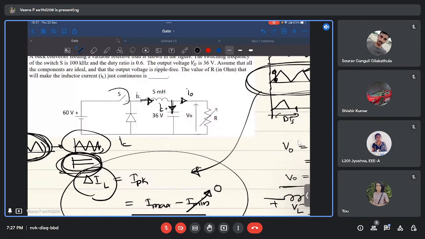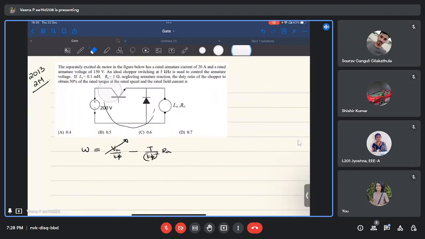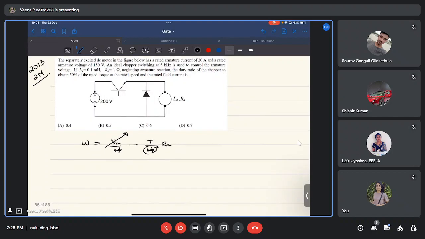We have a switch connected to the supply voltage, a diode, and the output circuit. So this circuit is nothing but a buck converter, where you apply a DC voltage and get a reduced voltage at the output. How much the voltage is reduced depends on the duty ratio of the switch. Is this much clear? Whatever I explained till now is not needed for solving the problem. I just explained what the circuit is. I hope it is clear.